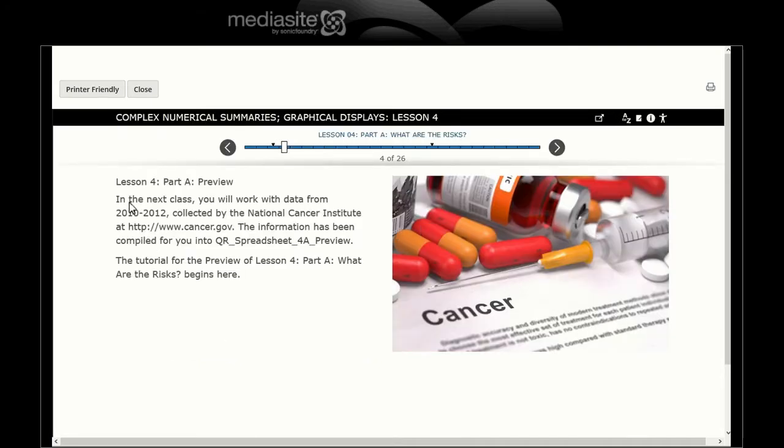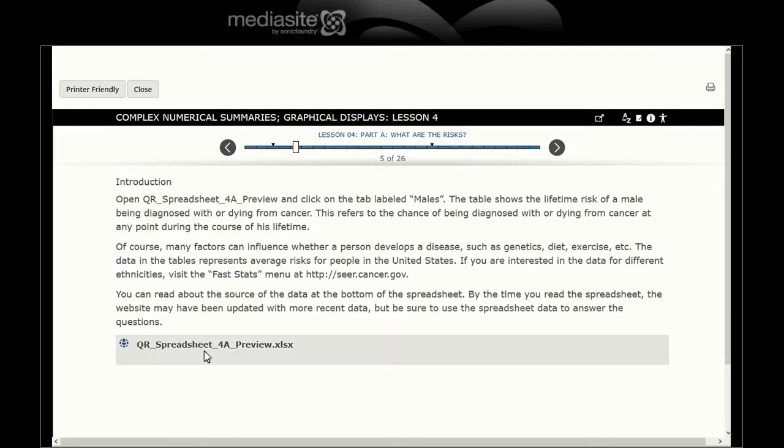Reading on, in the next class, we'll work with data from 2010 to 2012, collected by the NCI at this website, and we're using this spreadsheet, QR spreadsheet for alpha preview. We'll be pulling this up shortly. In fact, here it is right here.